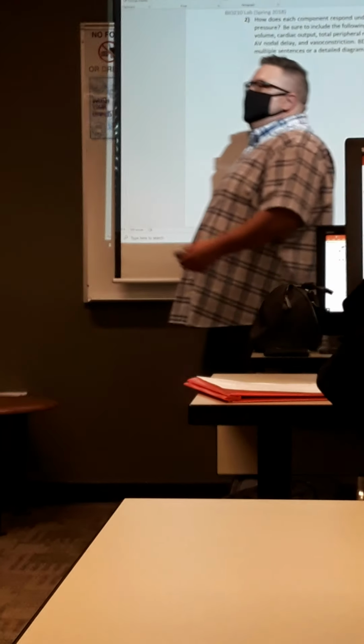The vasomotor center. Now this next part is where you have to use the example in the notes to work through. It says, how does each component, and when I say component, I mean the CAC, CIC, vasomotor center, respond under the circumstance of low blood pressure? You can outline it just like I did in the notes.